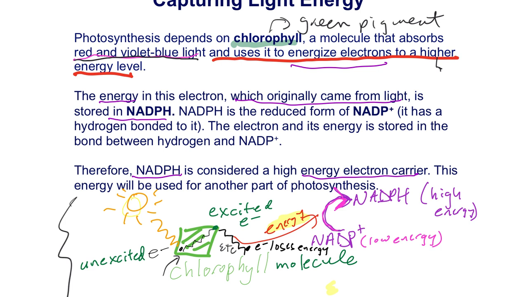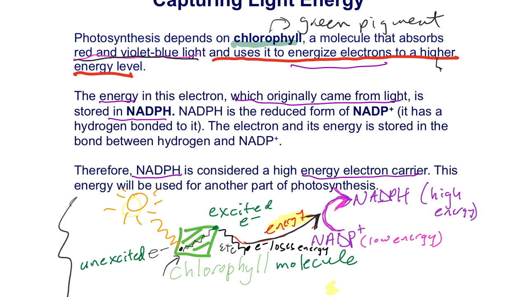As those electrons get to the bottom of the electron transport chain, think of it as a staircase, that energy has been released. That electron has lost its energy. That energy is transferred from the excited electron from the chlorophyll molecule.